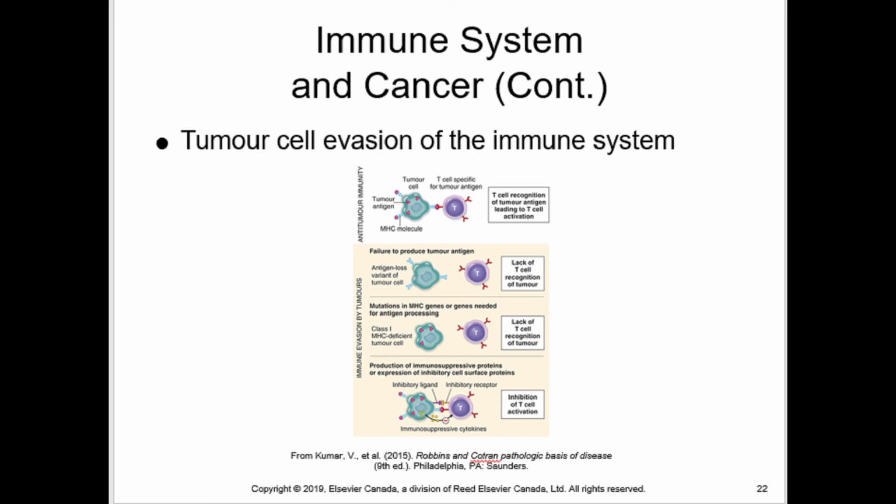Therefore, this diagram nicely summarizes the different mechanisms by which tumor cells can escape the typical immune responses in our human body.